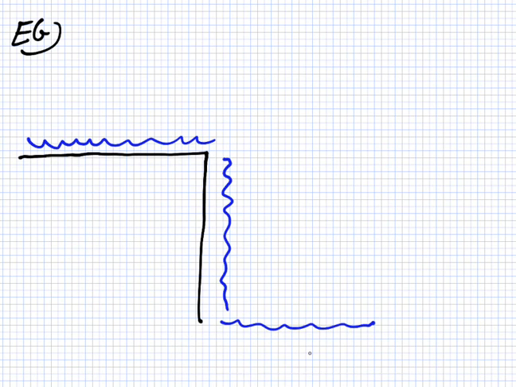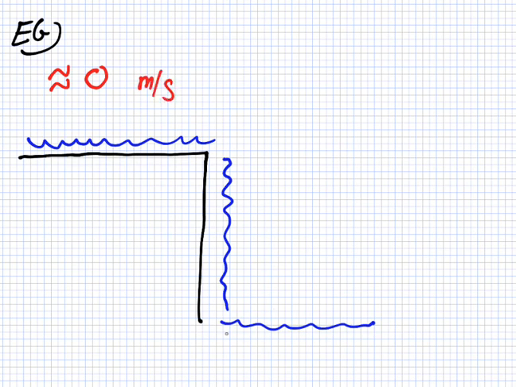Now, for this example, what we have here is a waterfall. And just to make this example a little bit easier to do, I'll say up here the speed of the water is quite slow. So it's not really a waterfall, maybe it's more like a little stream. But we'll just say it's roughly 0.